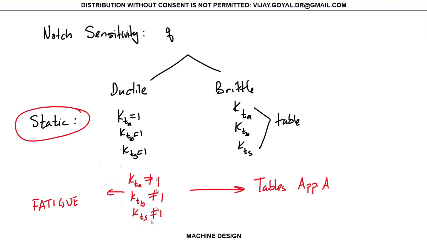Once you find your static stress concentration factor, I want to reiterate: when we did this in static, we assumed this is equal to 1, and for brittle, we found this from the table. However, when we work in fatigue, regardless if it's ductile or brittle material, you have to go to the tables. It's not equal to 1 anymore.